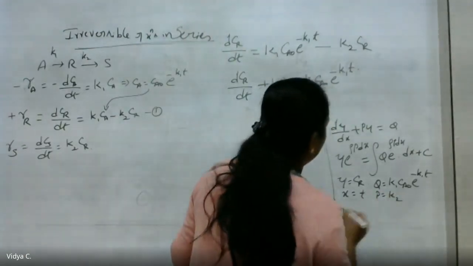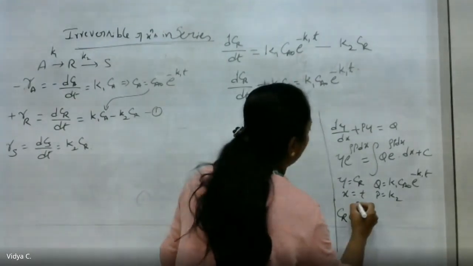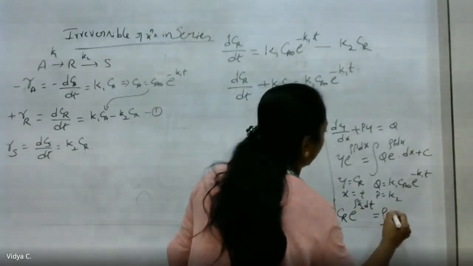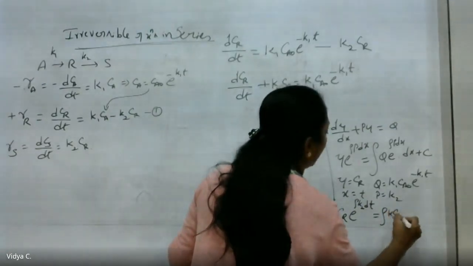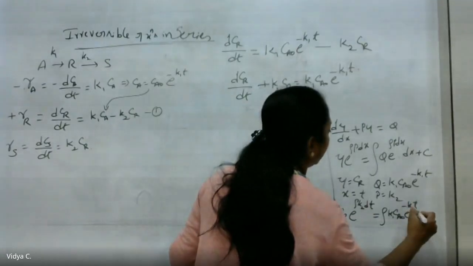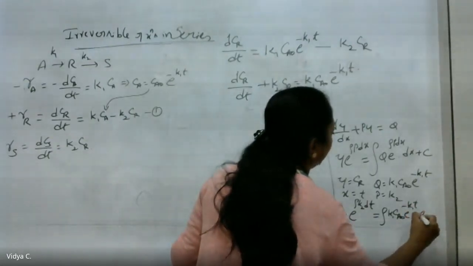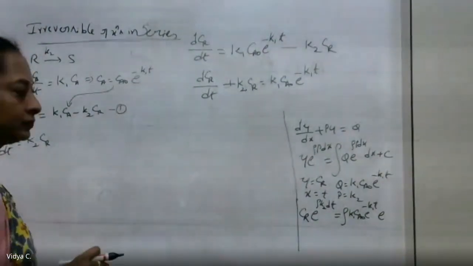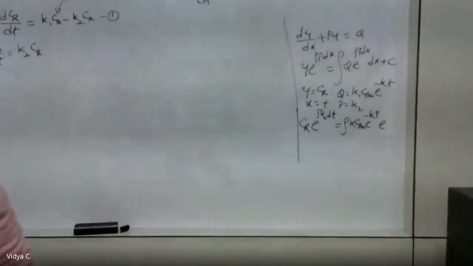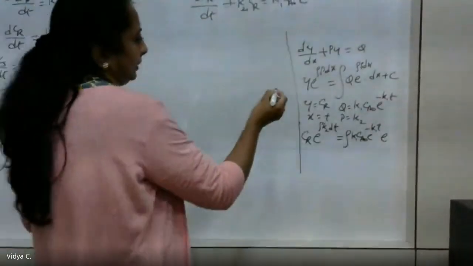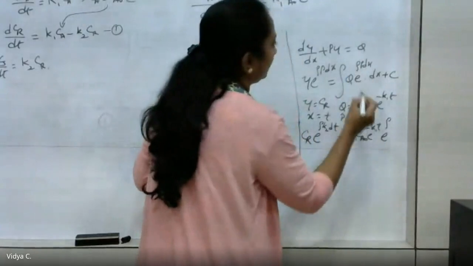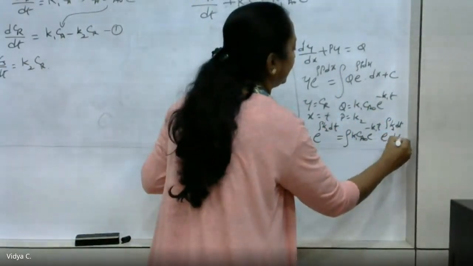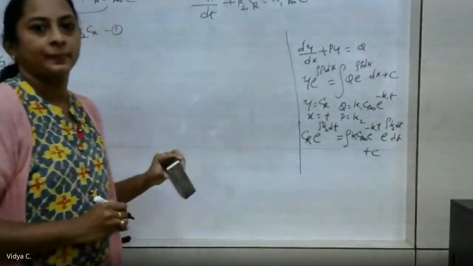P is equal to K2, so e to the power of integral of K2 dt is equal to integral of Q, which is K1 CA naught e to the power of minus K1 t, into e to the power of integral of P dx, same thing, K2 dt, into dt plus c.